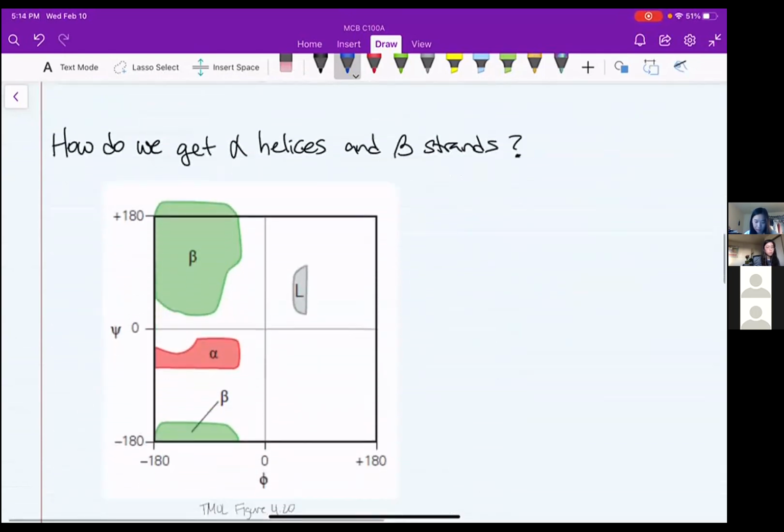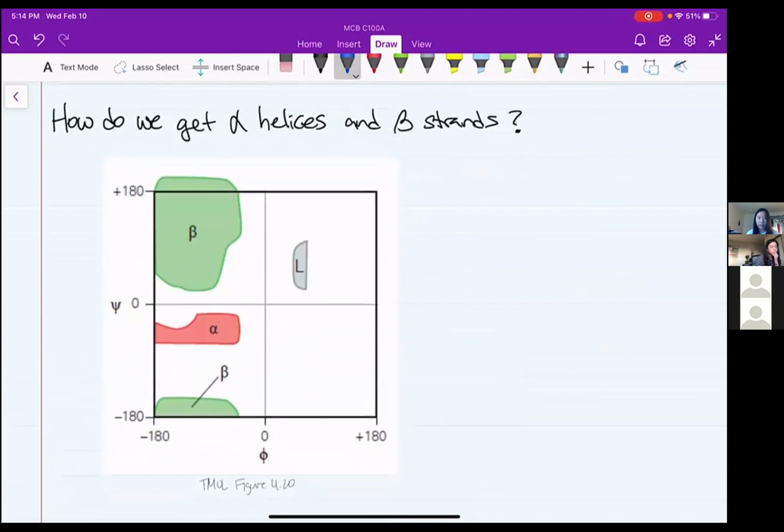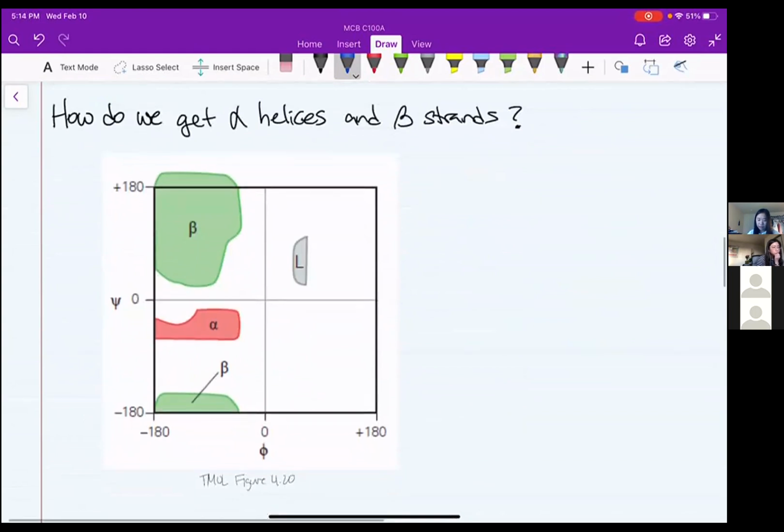And so now looking back at the allowed regions, if I have phi and psi here in this beta region, what exactly does that mean? Well, if you just know one residue, that actually doesn't tell you that much.